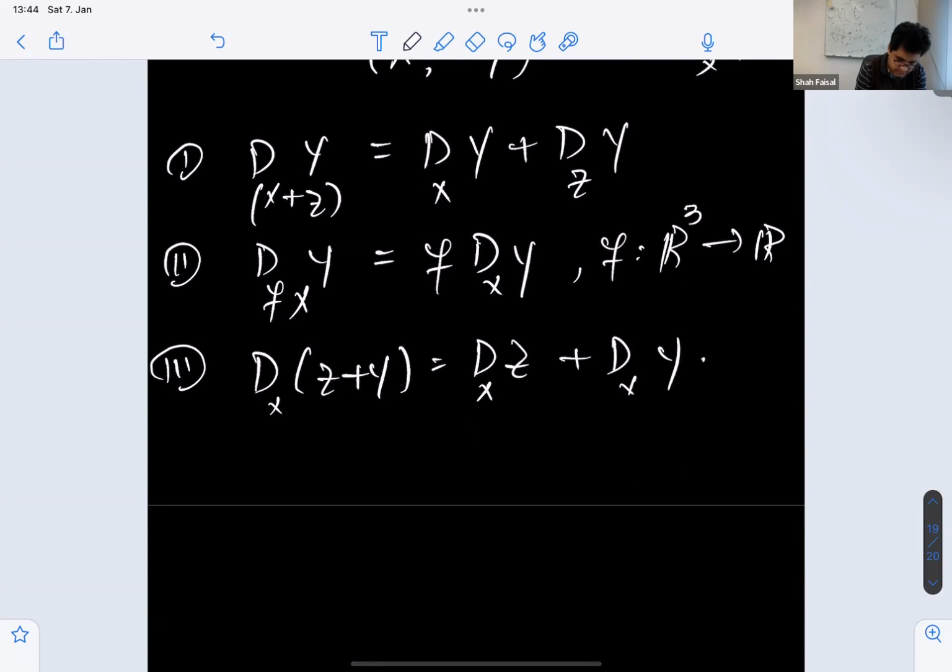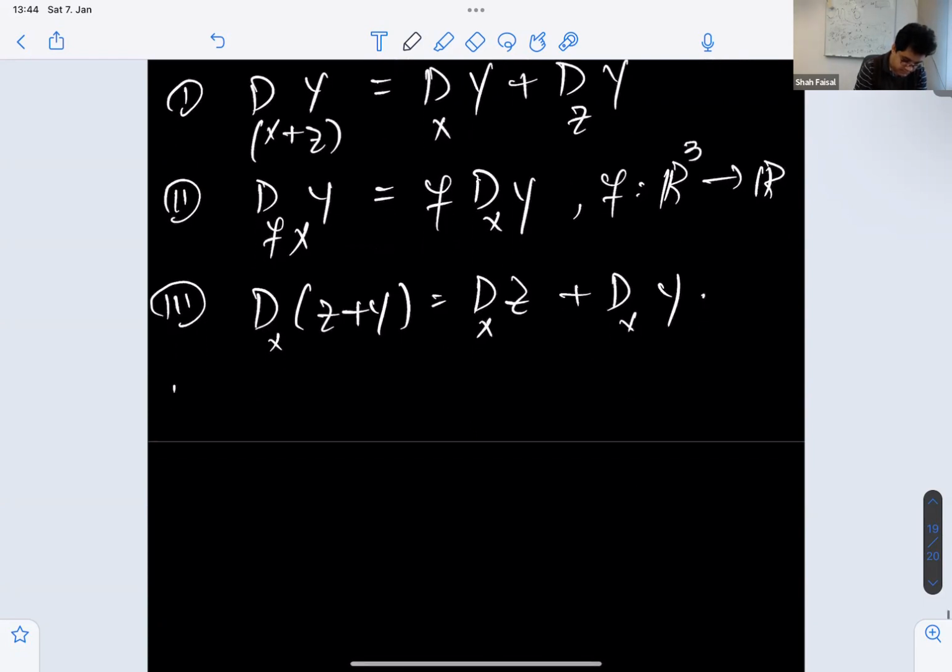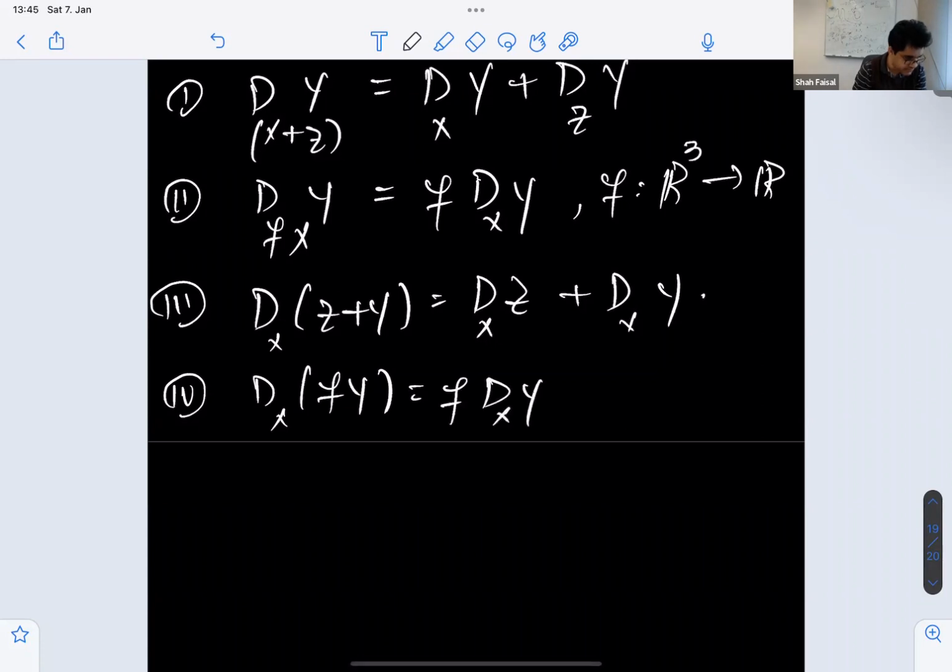And if you multiply a vector field Y with a function F and differentiate with respect to X, then there is this Leibniz rule. You bring the function to the front, differentiate Y with respect to X, plus you differentiate the function, that's the directional derivative of F, and then multiply it by the vector field.